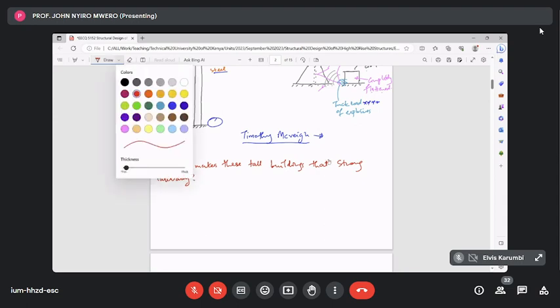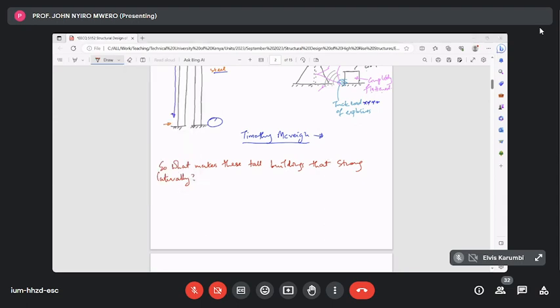And to answer that question, I want us to look at structural forms and systems for buildings generally and for tall buildings.